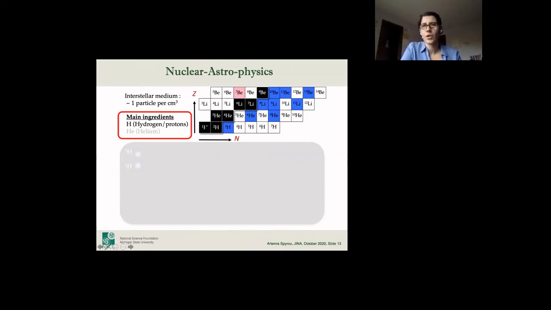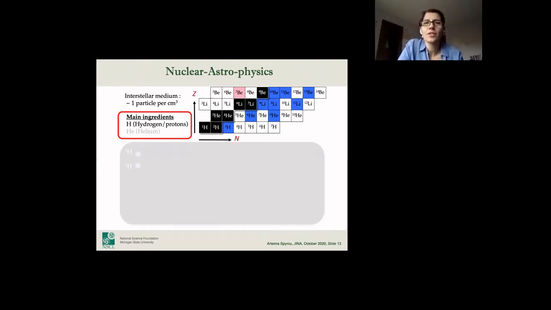Let's say you are in an environment where you only have hydrogen, then what kind of nuclear processes would have to take place in order to go just from hydrogen to helium? And you can extrapolate and try to imagine the complication and the mess that you would have trying to get even heavier than that.